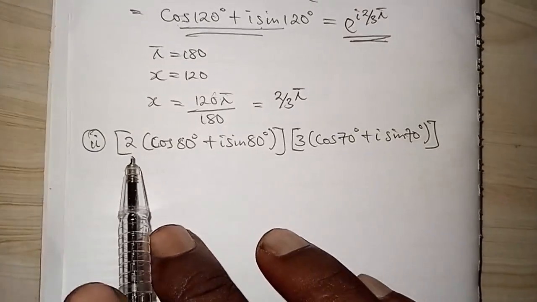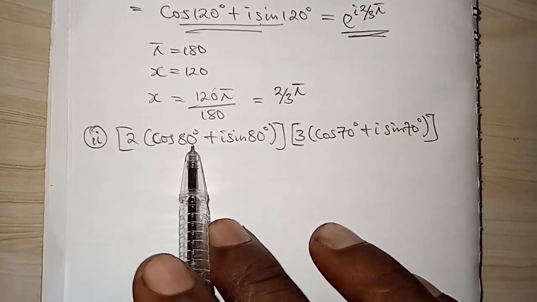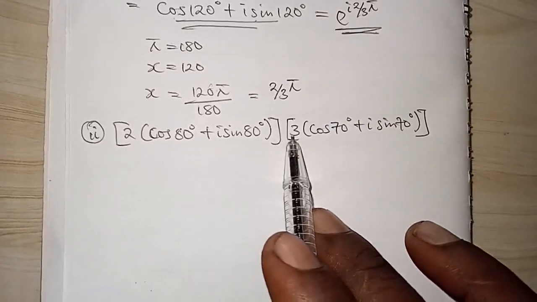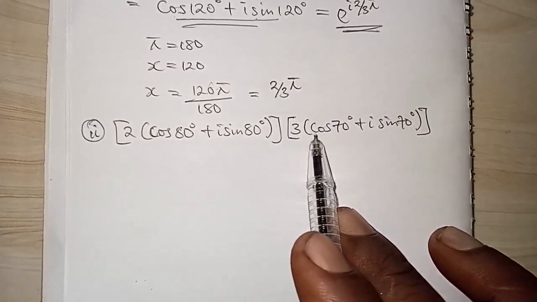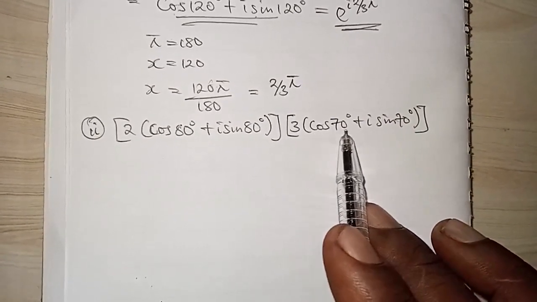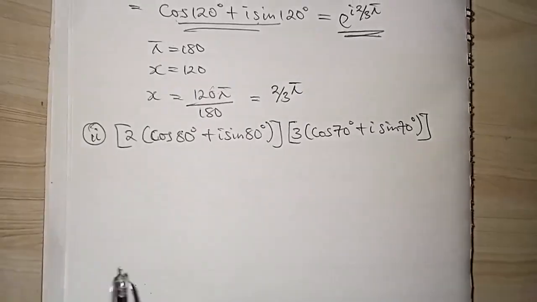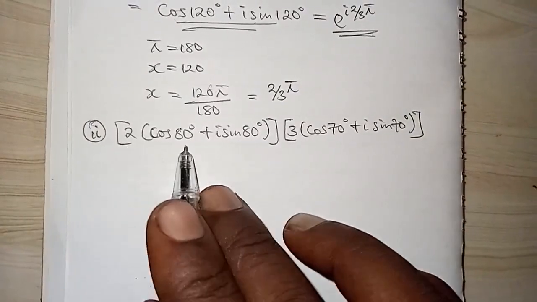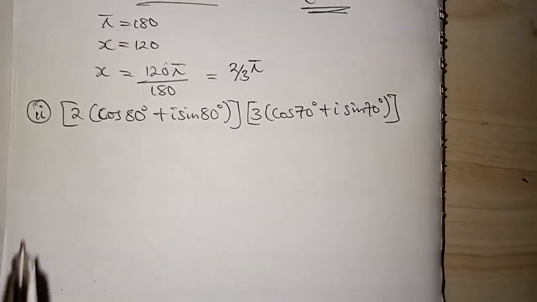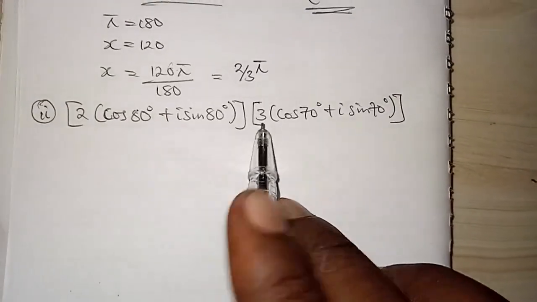For the second question, we have 2 times cos 80 degrees plus i sine 80 degrees multiplied by 3 times cos 70 degrees plus i sine 70 degrees. The only difference between this and the first one is that it will give us 2 times 3.